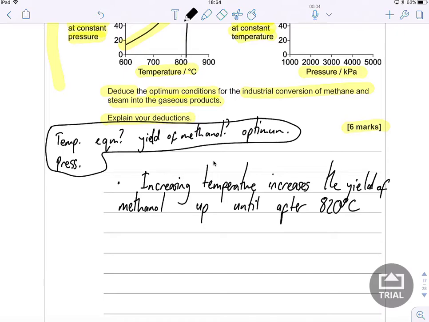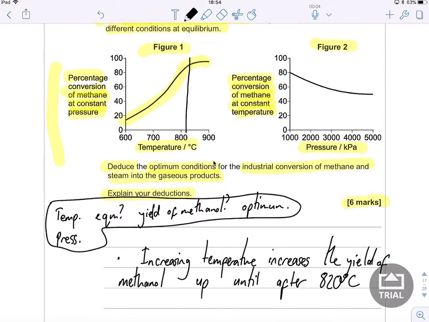So that first part of my graph, I increase the temperature, I increase the yield of methanol quite significantly. This part of the graph, the increase in temperature starts to not have a big impact on the yield of methanol, and then it starts leveling off. So after about 820, if I increase my temperature any more, it's not really going to do much good in terms of the yield of methanol that I'm going to produce.